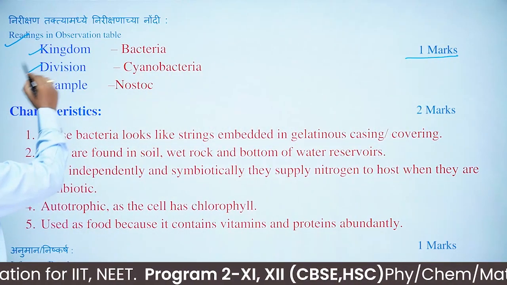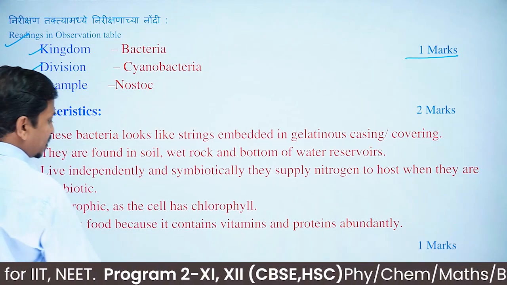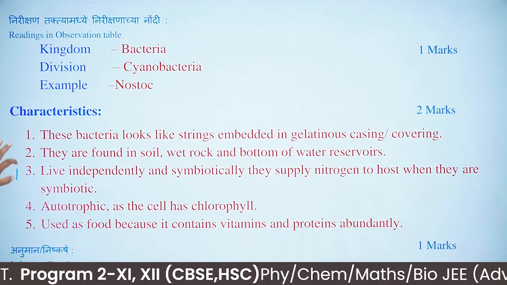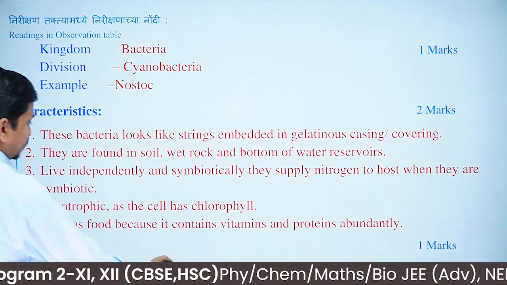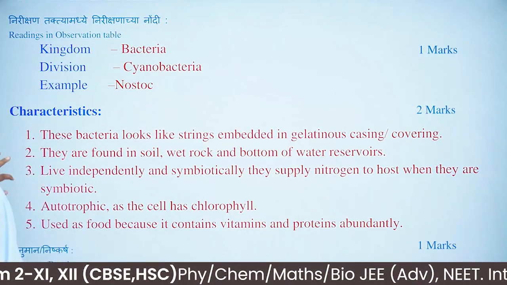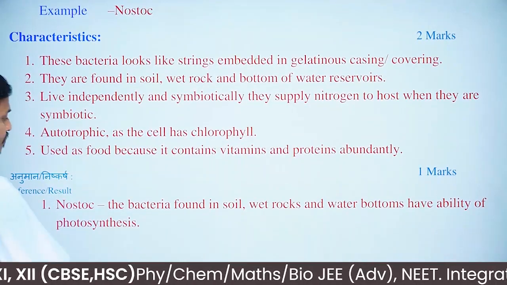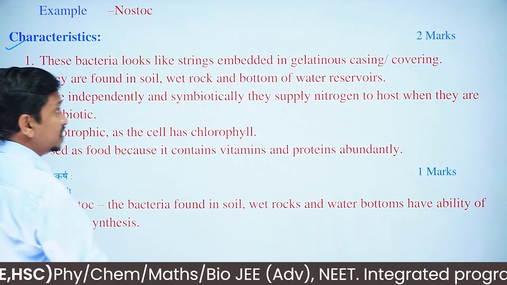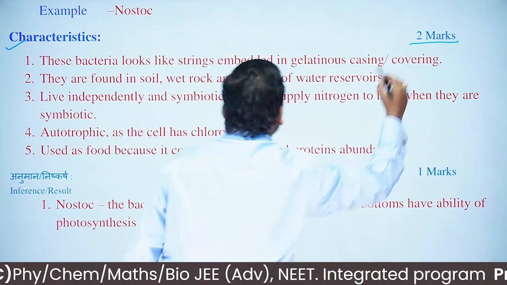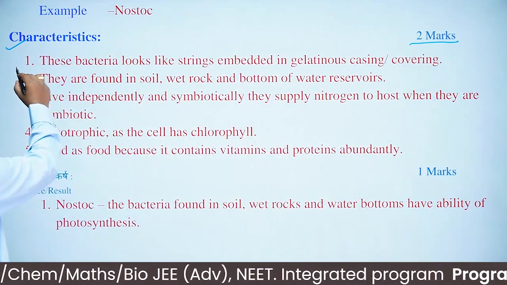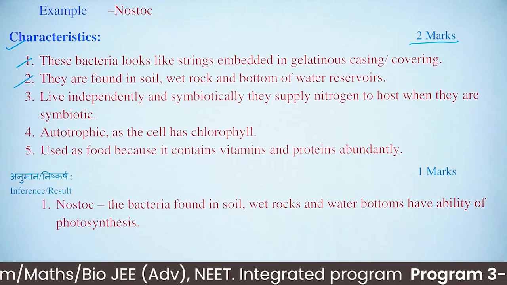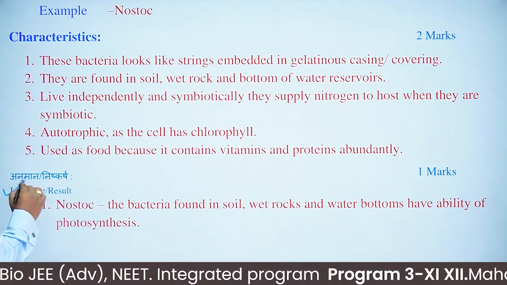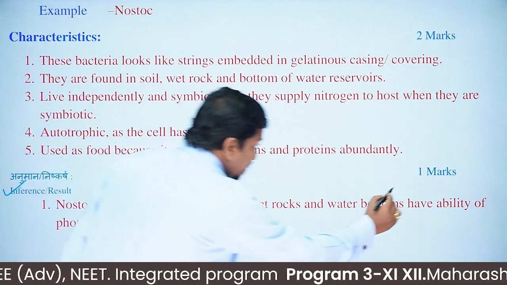For writing any 2 points, you will get 1 mark. For writing characteristics, you will get 2 marks. For writing any 2 points, you will get 2 marks. For writing the correct conclusion, you will get 1 mark.